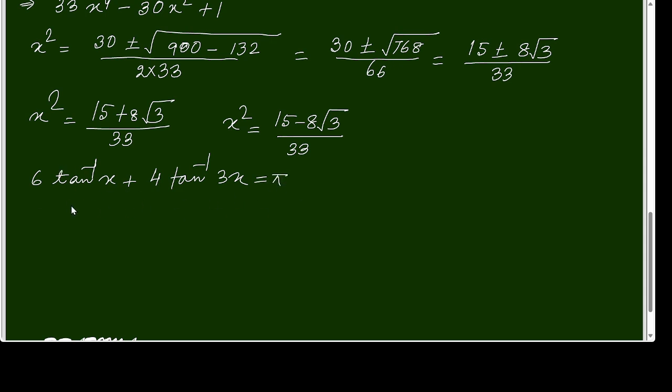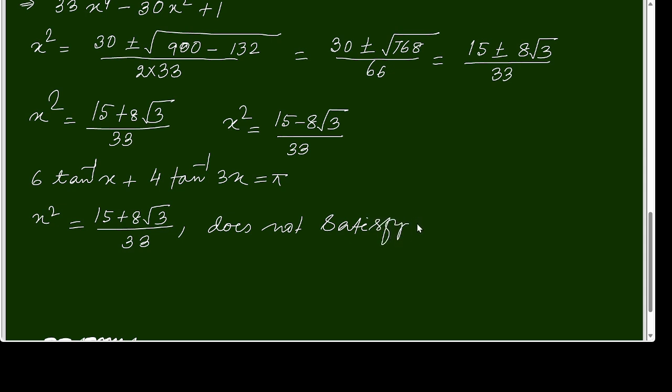If we put x square equals 15 plus 8 root 3 over 33, numerically in the left hand side we won't get pi on the right side. So this does not satisfy the equation, as it gives the value 3 pi instead of pi.